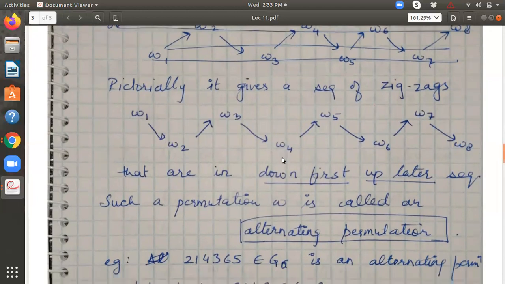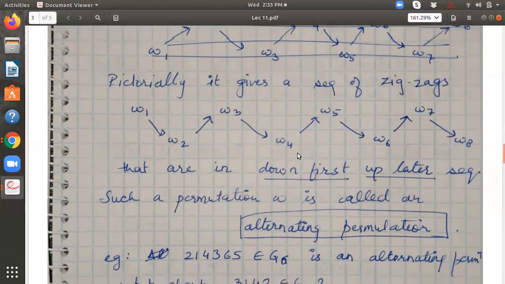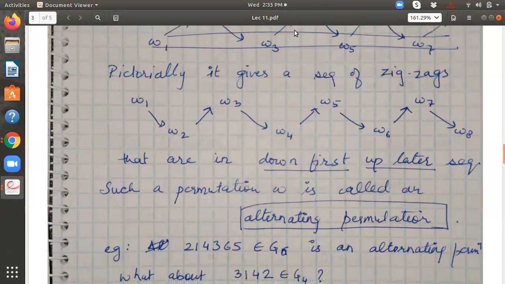So one example of an alternating permutation is this. You take 2, 1. So 2 is bigger than 1, so from 2 you go down.